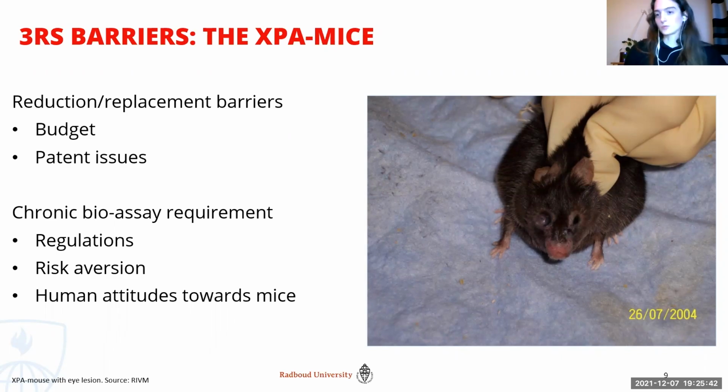And then I asked one of the people I interviewed, well, could they not have made those calculations back when they started this research program? And he said, well, yeah, but back then nobody really cared about a few hundred or thousand mice, more or less. So those are, again, the human attitudes towards other animals, mice in this case. So you see quite similar barriers actually in both cases.